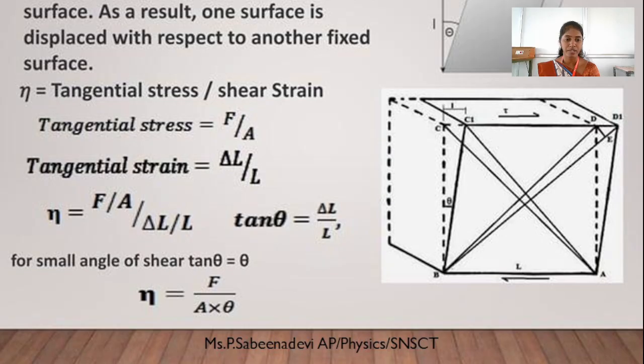In the previous video I explained about Young's modulus and bulk modulus. In this video I explained about rigidity modulus, right? Young's modulus is nothing but longitudinal stress by longitudinal strain. Rigidity modulus is nothing but shearing stress by shearing strain, right? At the same time, the bulk modulus is nothing but volume stress by volume strain. These are all the different types of elastic modulus.